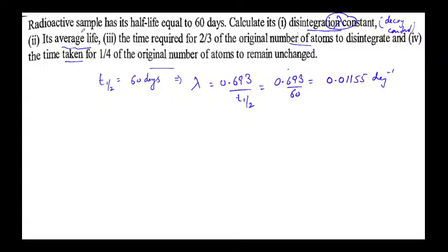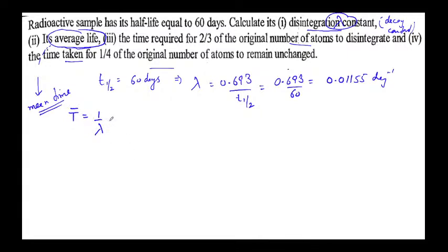And second, we have to calculate the average life, average time or mean time. It is one and the same thing. So this mean time is equal to 1 over lambda.